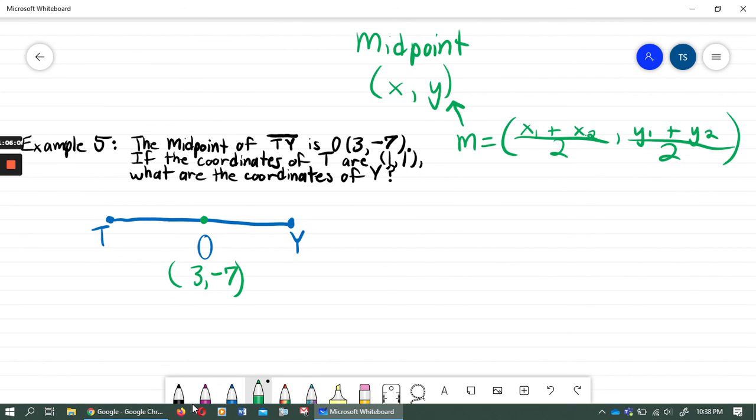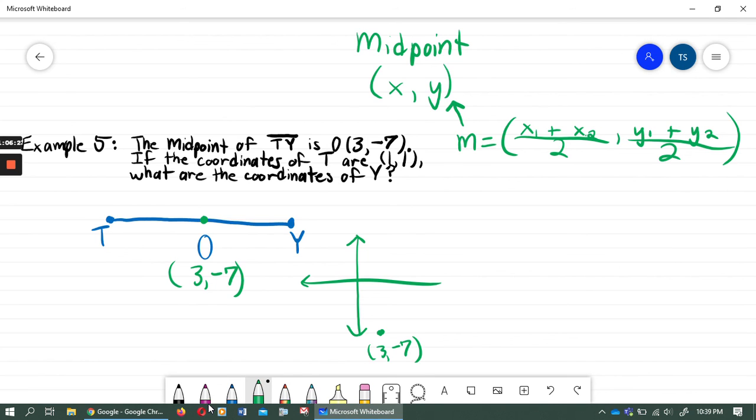And they tell us the coordinate of point T. Now, guys, of course, if this is on a coordinate plane, (3, -7) would be down here somewhere, right? But we don't really have time to draw it out like that.